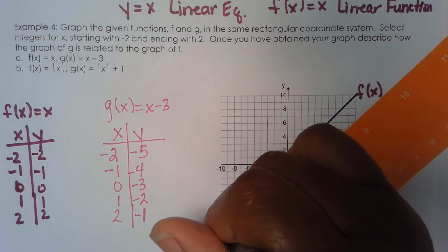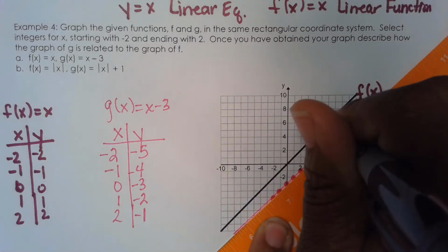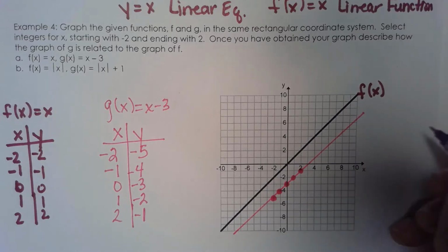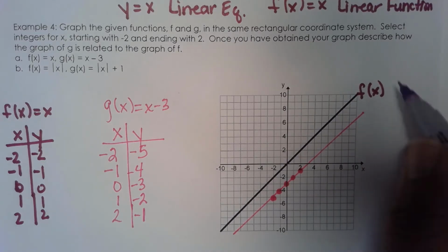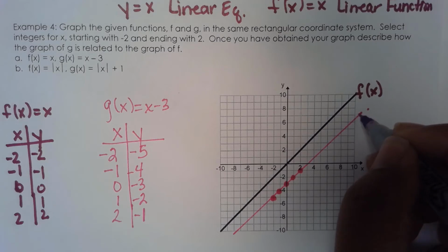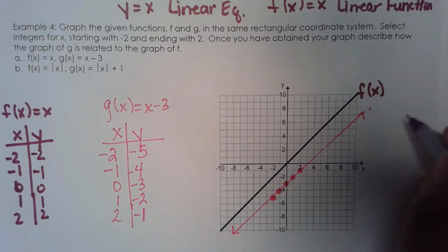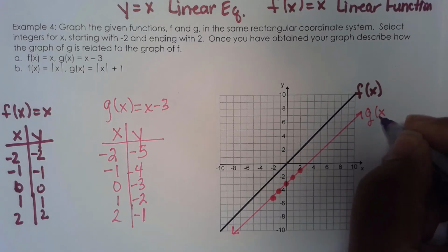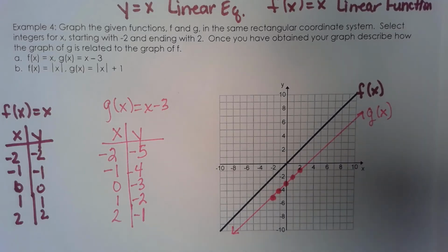And what this is asking you to do is to describe how this graph of g of x relates to the graph of f of x. What do you notice?